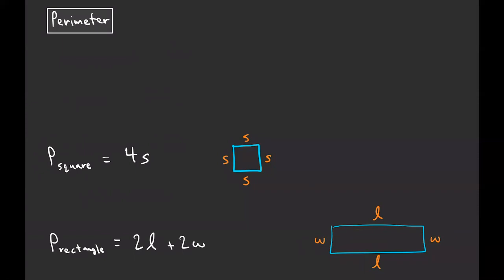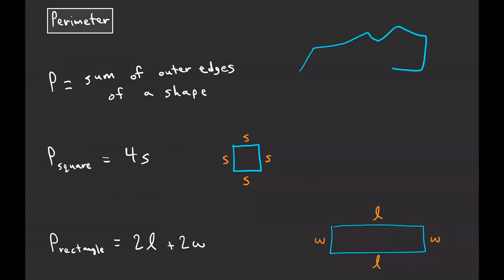I add those together and I end up with 2L plus 2W. In general, what we're seeing here is that perimeter is just equal to the sum of the outer edges of a shape. I could even theoretically give you a shape that's all ugly and complicated like this.